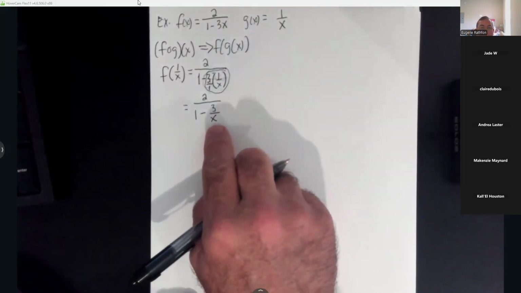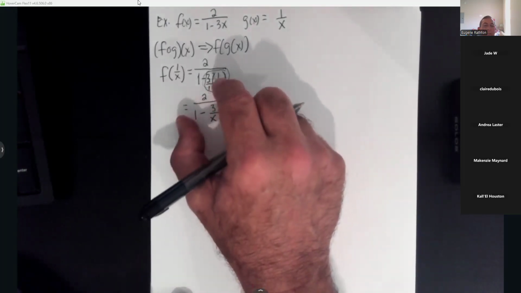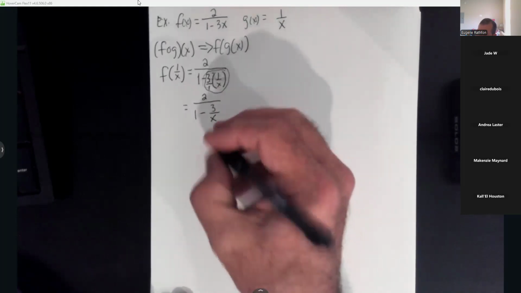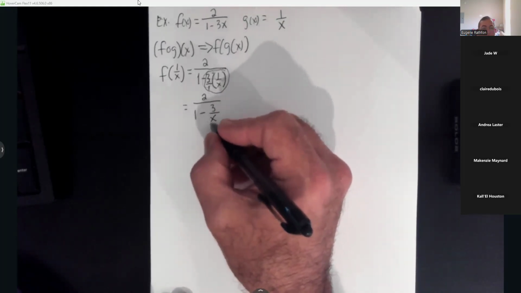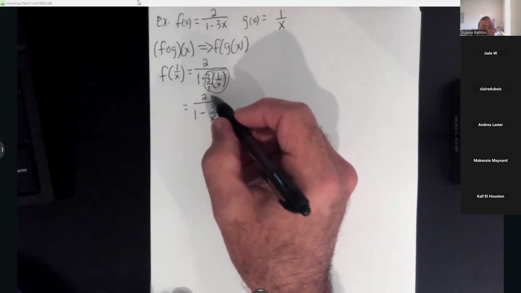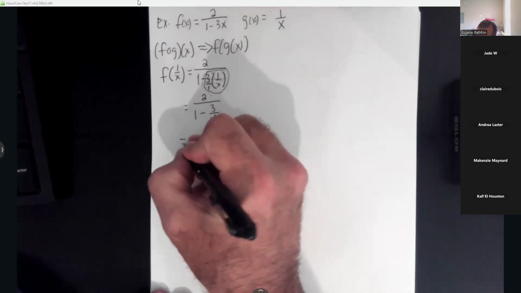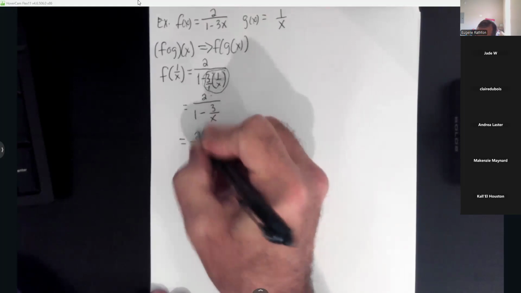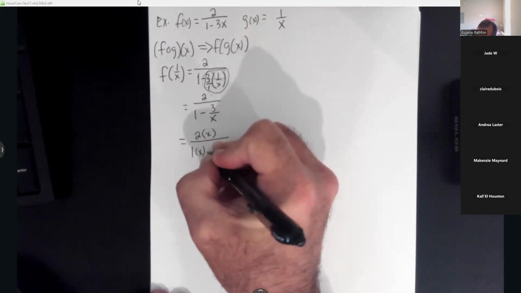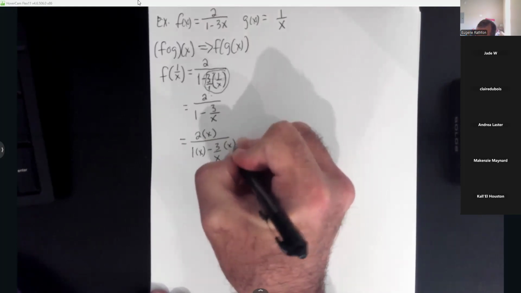All right, so y'all remember at this point I said, well, I can't have this little fraction in this big fraction. So since the only part I'm worried about is that x in that denominator, I'm going to multiply the top and all the terms on the bottom by x. So that gave me a 2 times x on top over a 1 times x minus 3 over x times x.